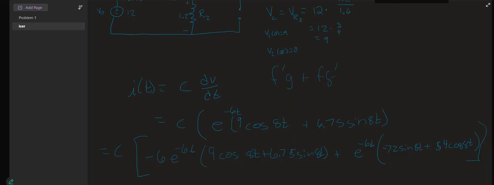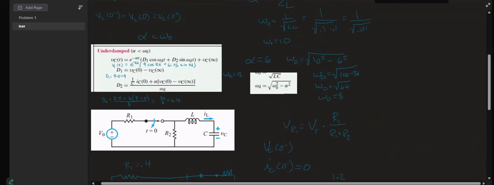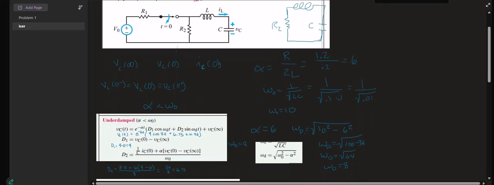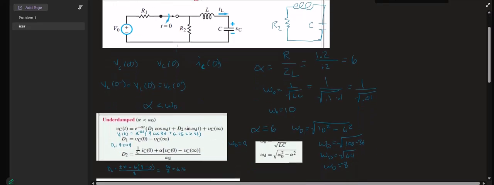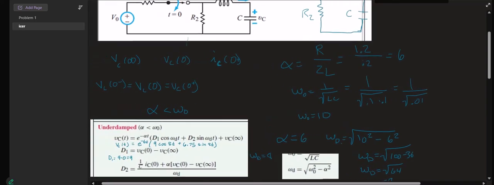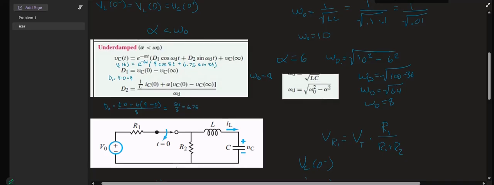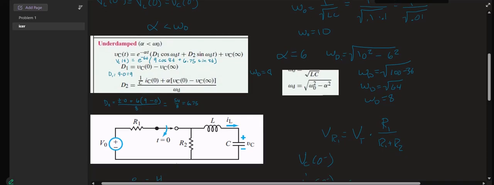Yes, I had a question earlier at the beginning. You said the voltage across it, VL of 0 equals VC, these are all C's, they look like L's, but they're C's.